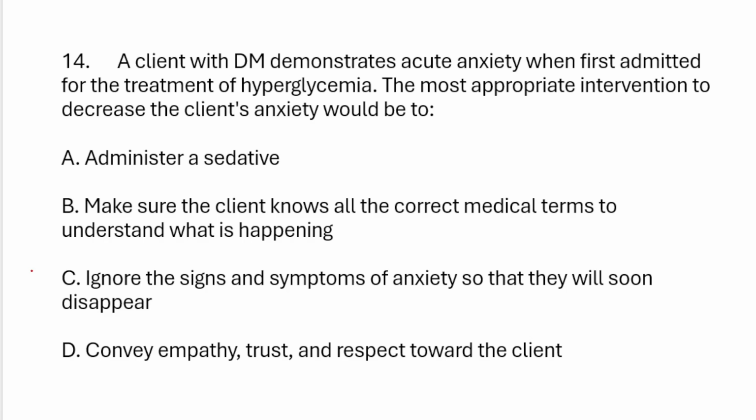So what intervention will we take? A. Administer a sedative. B. Make sure that the client knows all the correct medical terms to understand what is happening, and ignore the signs and symptoms of anxiety so that they will soon disappear. C. Convey empathy, trust, and respect towards the client.